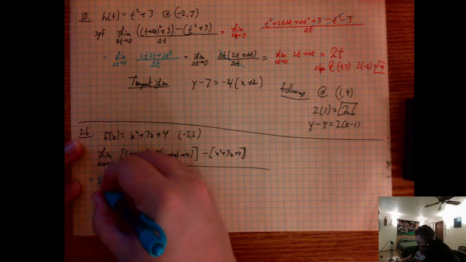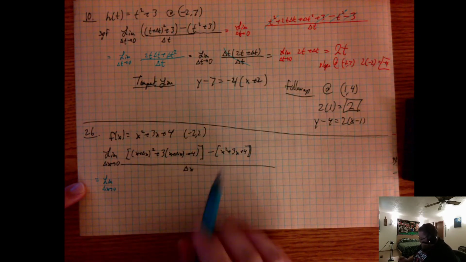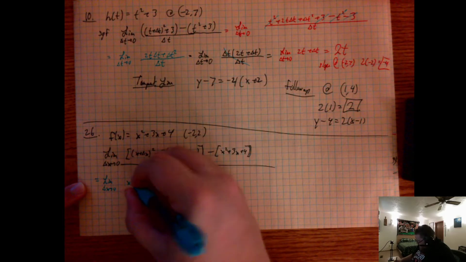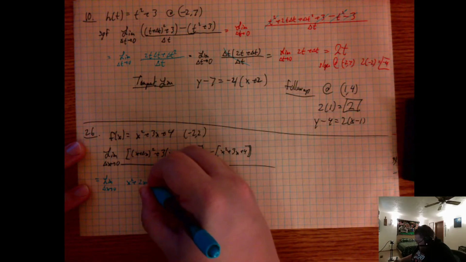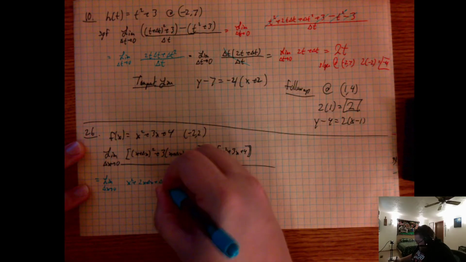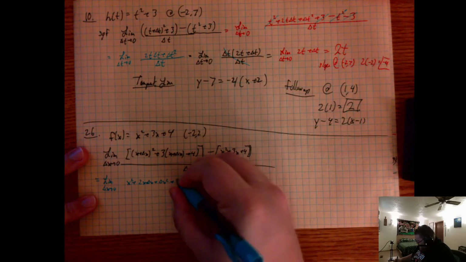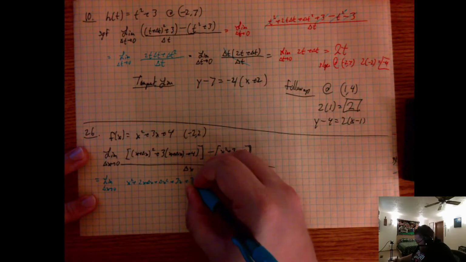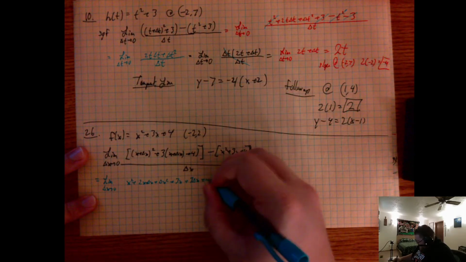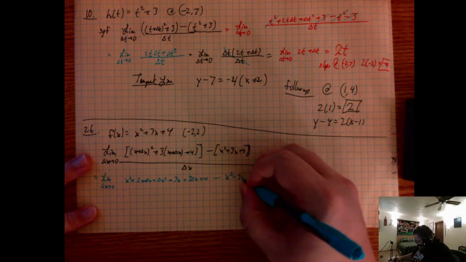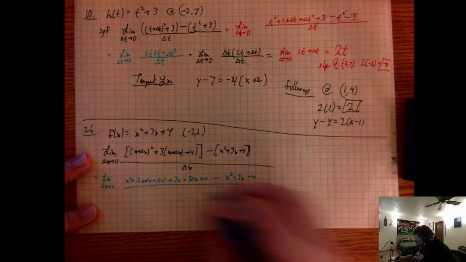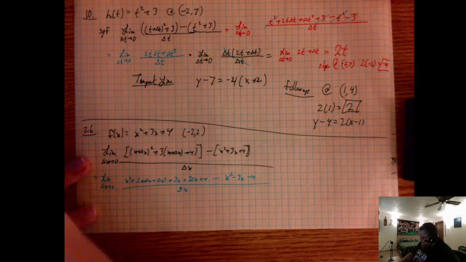Limit as delta x approaches 0. If I square these, I end up with x squared plus 2x delta x plus delta x squared plus 3x plus 3 delta x plus 4 minus x squared minus 3x minus 4, all over delta x.